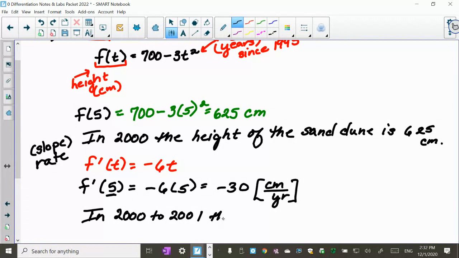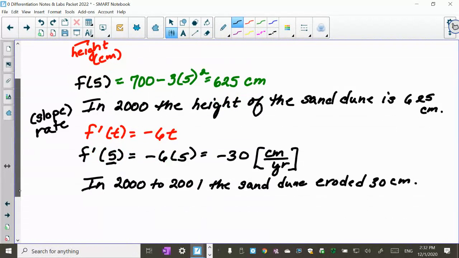The sand dune eroded or decreased, but let's use a scientific term, 30 centimeters. So it went away 30 centimeters. Or you can say in the year 2000, it decreased 30 centimeters per year. But it's a rate. So they tell you different things. So that's why that was interesting, and I wanted to make sure that you're good with that.